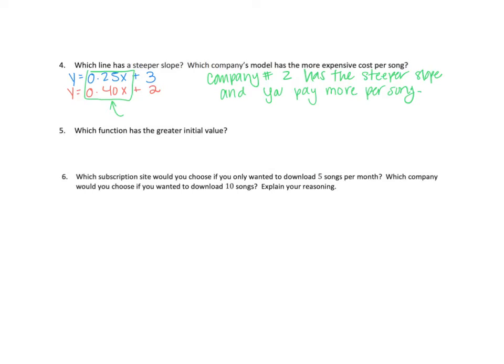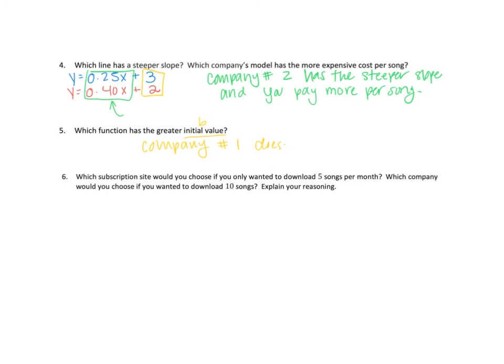That's your constant right here. It then says, which one has the greater initial value? This is your B value. Well, company 1 has the greater initial value. You pay $3 per month for company 1 and only $2 per month for company 2, that flat subscription fee.